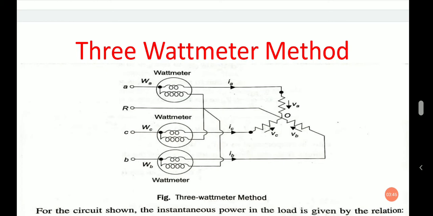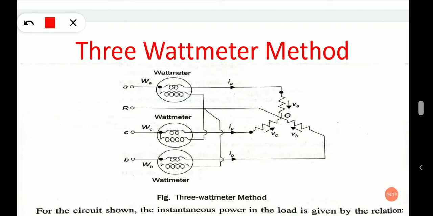So consider the circuit shown in the figure. You can see 3 wattmeter method circuit. It consists of 3 wattmeters, 1, 2 and 3, to measure the power in a three-phase system.